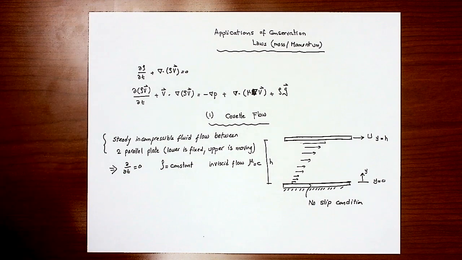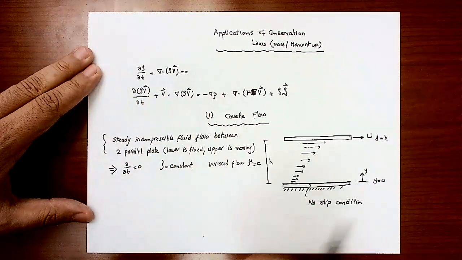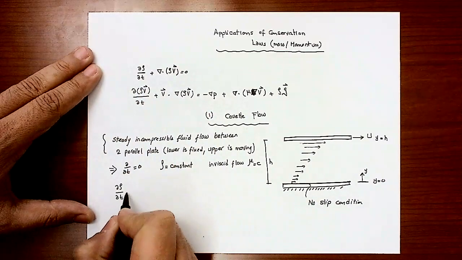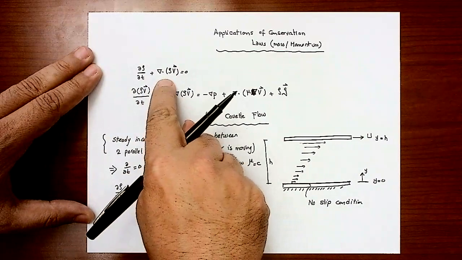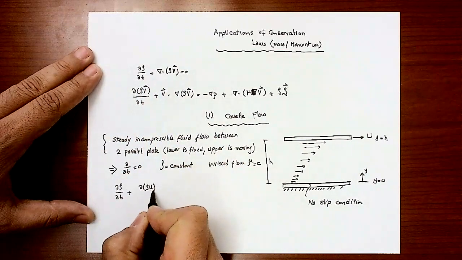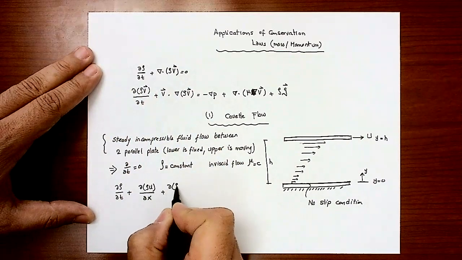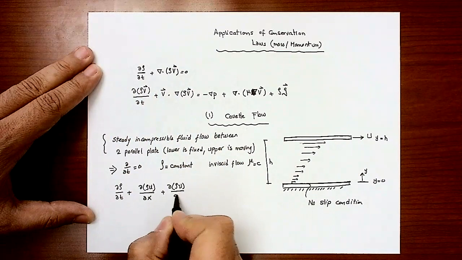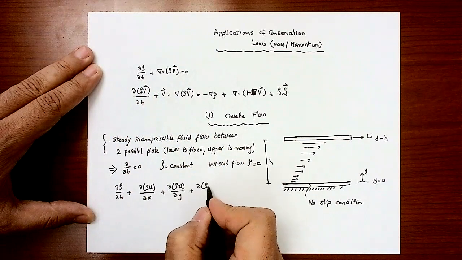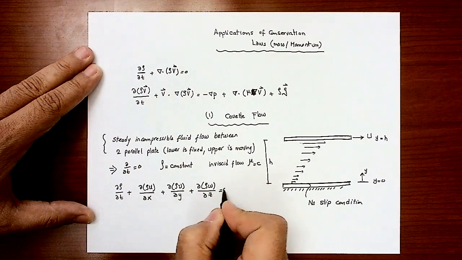Let me use the pen again. So if I take the continuity equation and expand a little bit, it's partial rho by partial t plus, if I expand that next term, partial rho u by partial x plus partial rho v by partial y plus partial rho w by partial z, that should equal to 0.